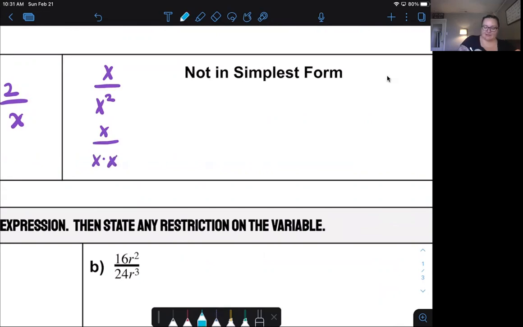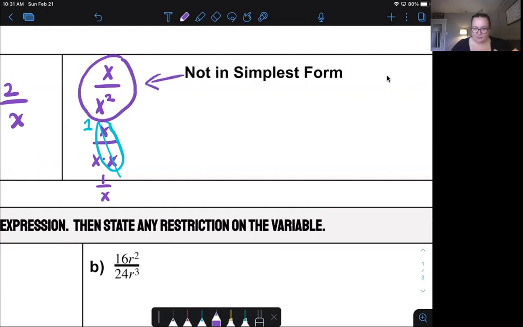Well, what is x divided by itself? X divided by x, isn't that just 1? So x over x squared ends up simplifying to 1 over x. So x over x squared is not in simplest form, but 1 over x would be.